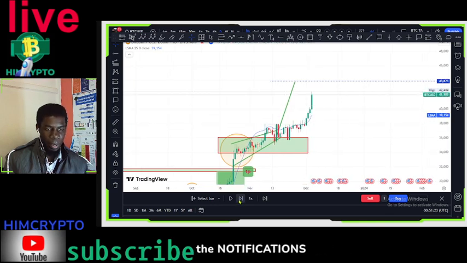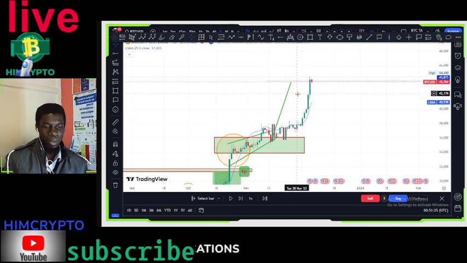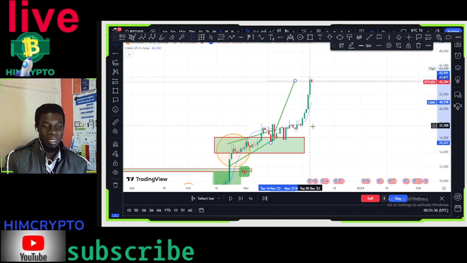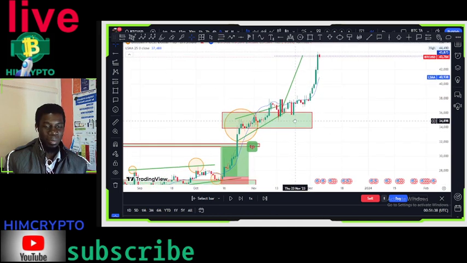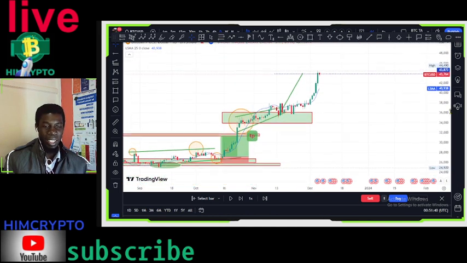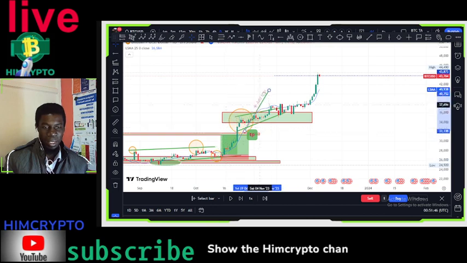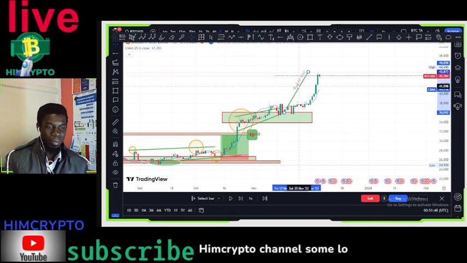Yes, price is playing our way. As we have told you guys, price came and touched this level here and has formed some kind of resistance now. All this momentum was the same as here, so I just transferred it to here.